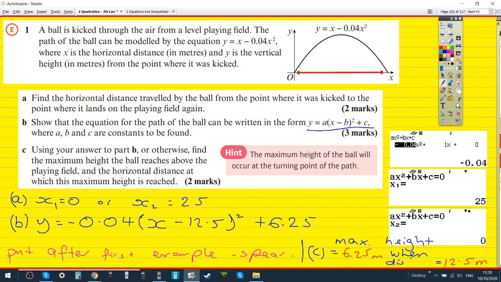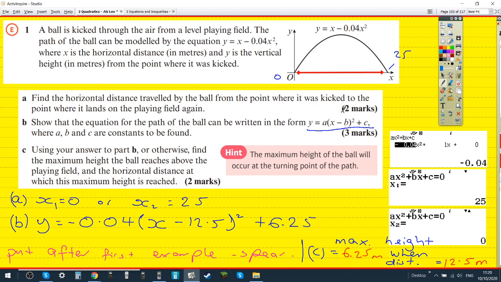So yeah, you use the roots to show that there is 25. It starts from 0, and so the horizontal distance that this ball travels is 25 meters. You know, it starts on the ground, stops back on the ground. Write it in completed square form.